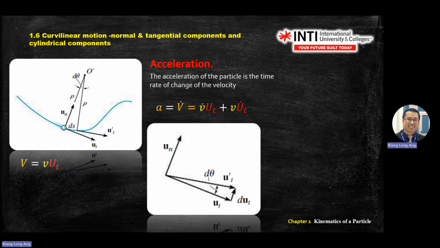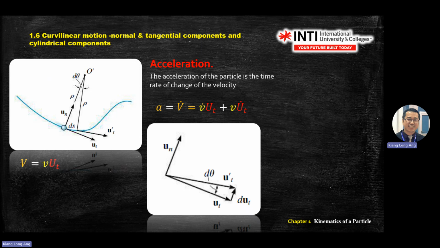The change of u, you can break into ut and un. Means initially you are like that, then you change this one. So you have a d theta here. D theta is the change of this du, this vector.